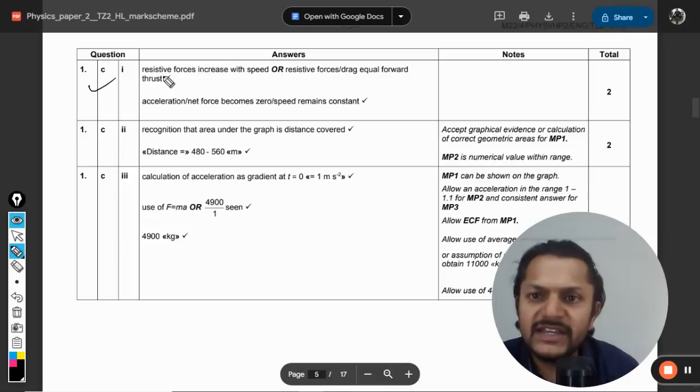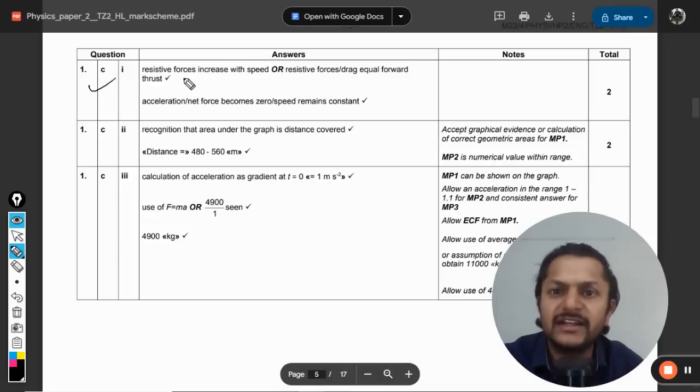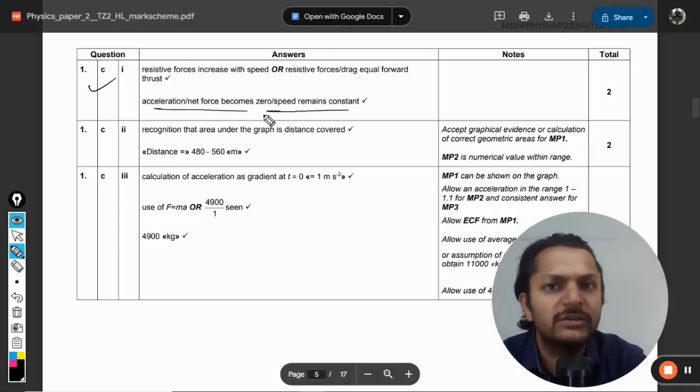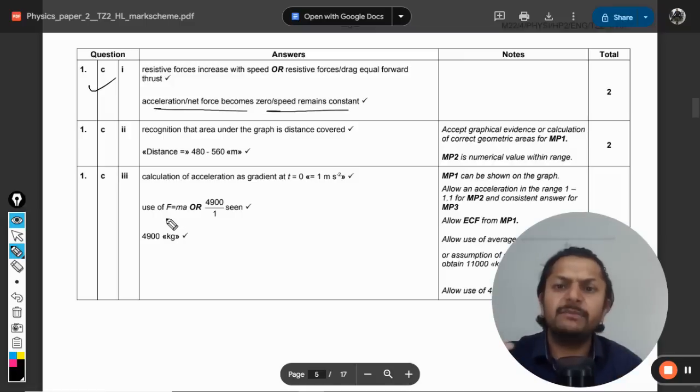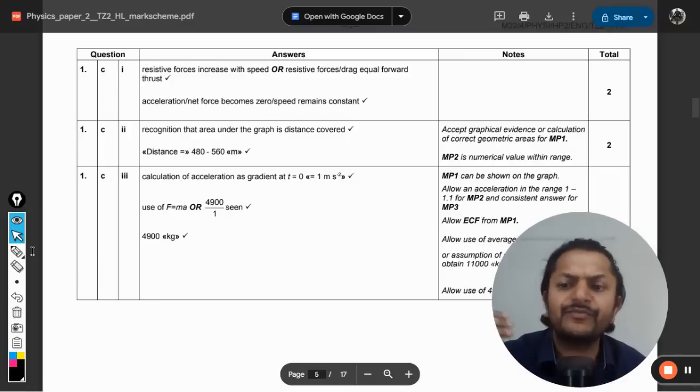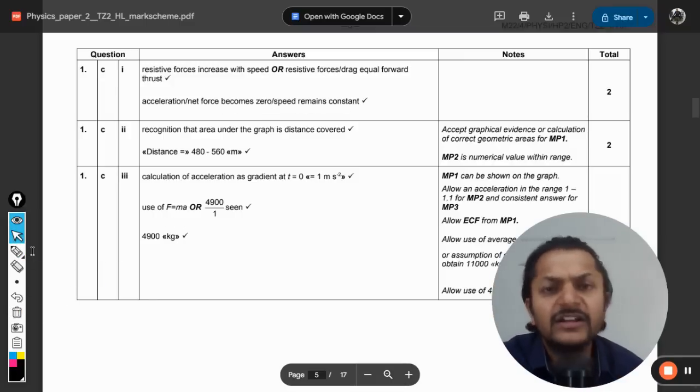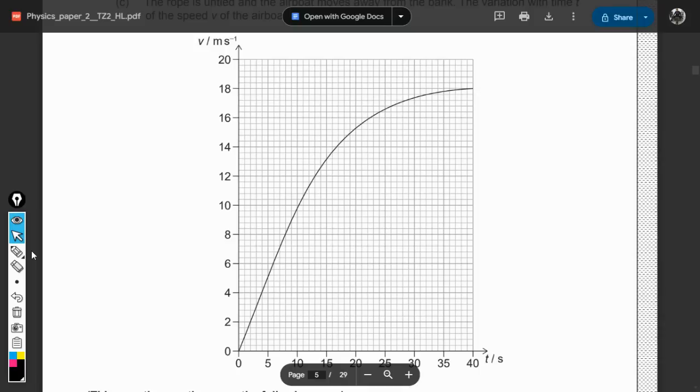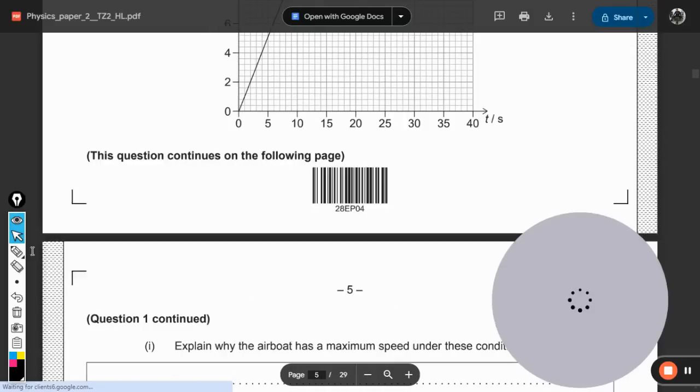Now, what is C1? Resistive forces increase with speed. So the resistive force becomes equal to the thrust, the net acceleration becomes 0, and hence the velocity becomes constant. Exactly the same explanation that we have taken earlier. Let us now move to the next question.